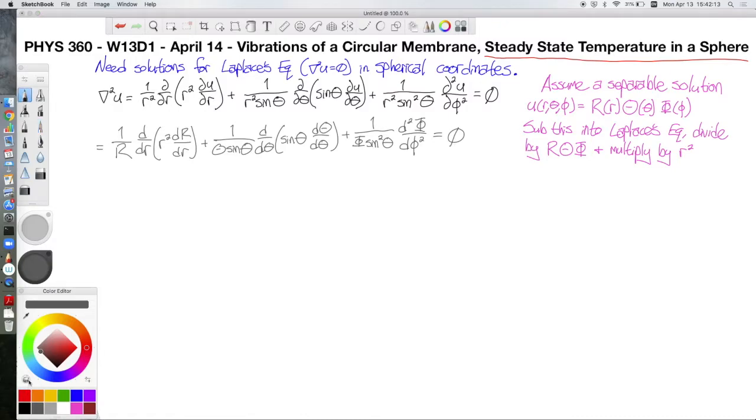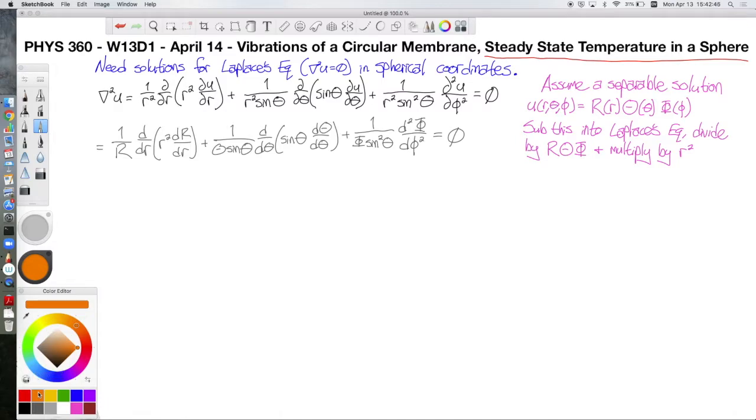So hopefully you can see at least a little bit why I multiplied by r squared. We had a 1 over r squared in our original theta term right here, and a 1 over r squared in our phi term as well. So in order to get the key feature of a separable solution, namely that one part of our equation depends on r and another part does not depend on r, we needed to multiply by r squared.